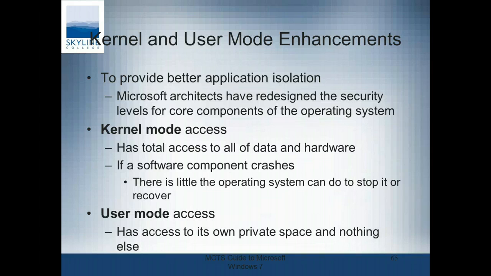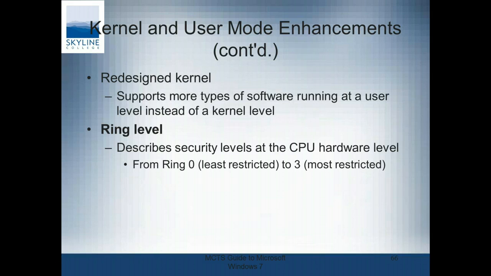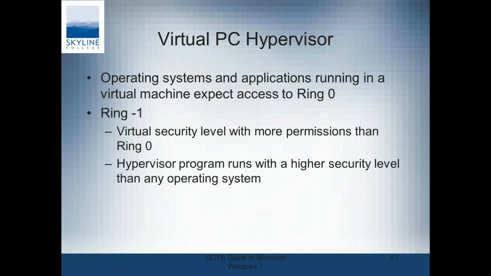Kernel and user mode: kernel has direct access to hardware, while the user interface is what we use. It goes through a series of links to actually get the hardware to do what it wants to do. Ring levels, so we can talk about that. Virtual PC hypervisor, ring 0, ring 1.